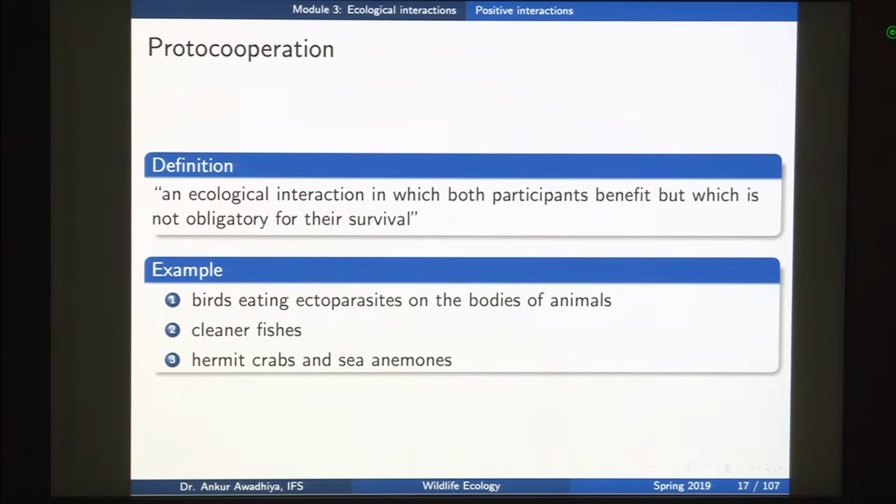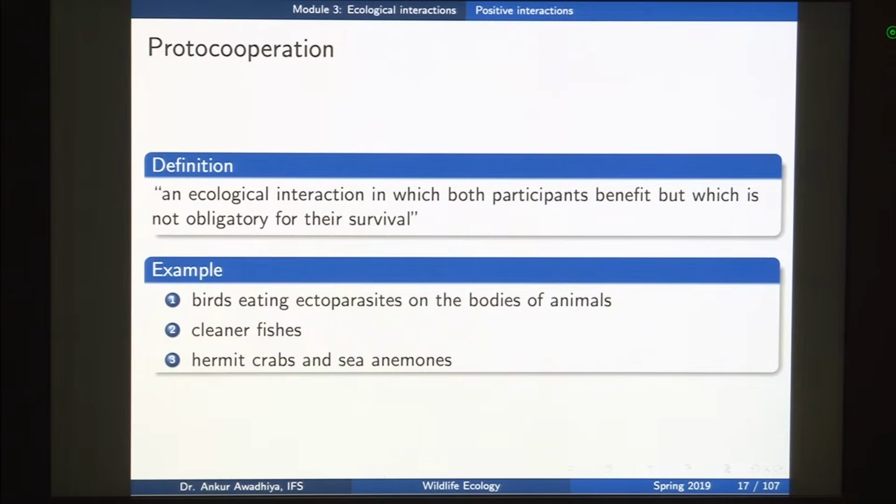Now, when we look at interspecific harmonious interactions, interspecific is between two or more different species. Harmonious interactions, because these are positive interactions, they are not harming anybody. In this case the first example is that of proto-cooperation.